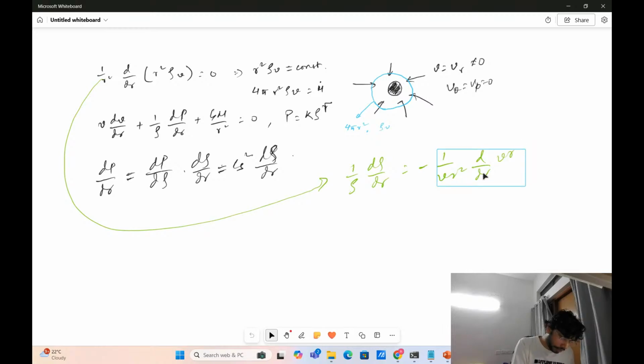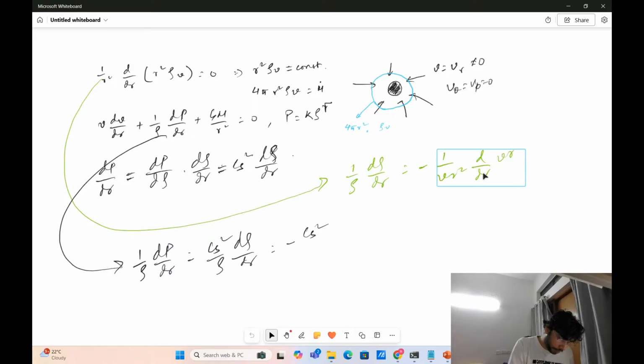This term, 1 by rho dp/dr, will be cs square by rho d rho/dr, and from d rho/dr we can get minus cs square by vr square d/dr of vr square. Okay, I think that's correct.